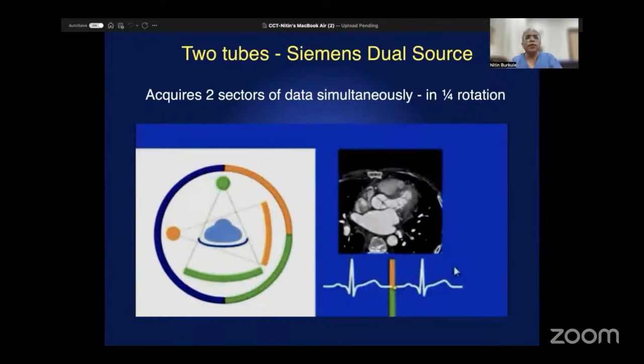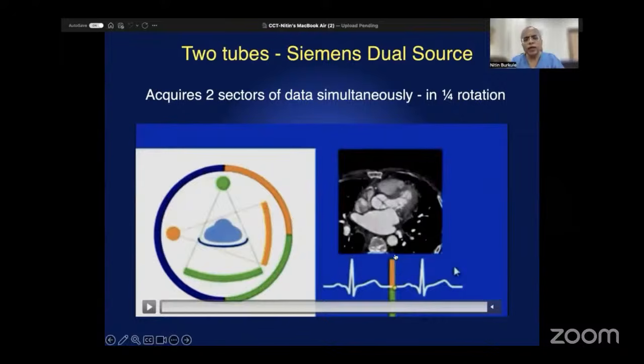You can improve the temporal resolution, and more importantly you are acquiring that particular phase simultaneously, because each tube is acquiring data from 1/4 of its rotation.